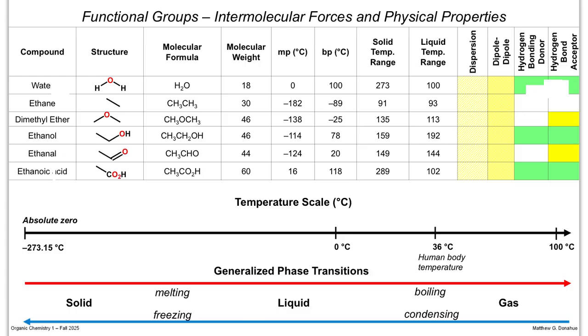And look at their boiling points. So water boils at 100, ethanol 78, ethanoic acid 118. So the presence of those functional groups impacts the physical properties greatly.